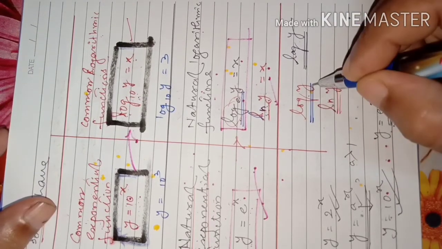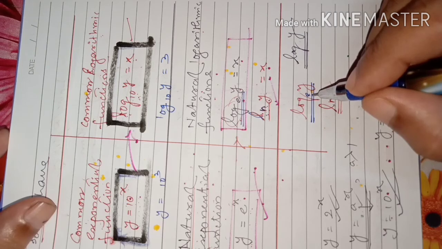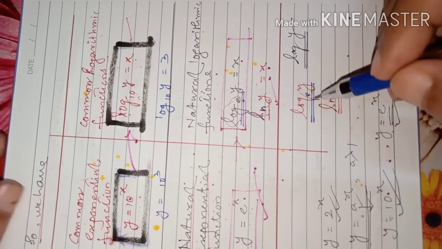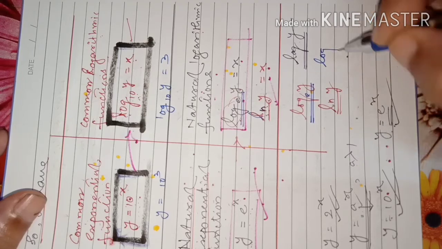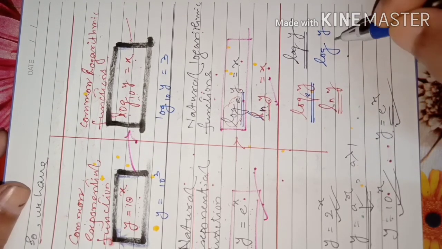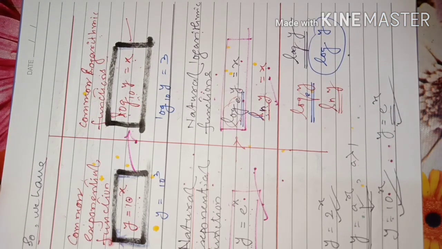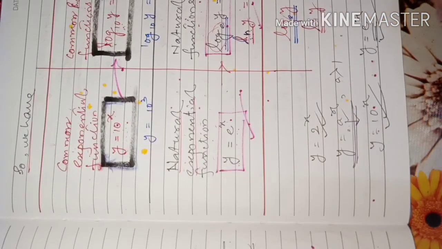See, log y I have written here. Log y means the base is e here, log to the base e. So for natural log, we don't say the base frequently. We will be simply writing log of a number y. If base is not mentioned, you should understand base is e. Clear, students? And for the other bases, you have to mention the base. Okay.